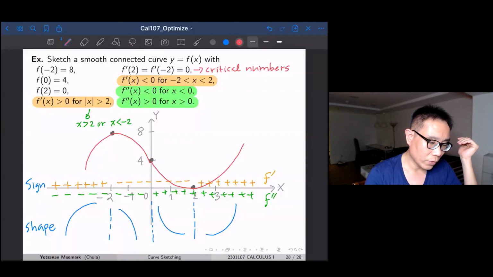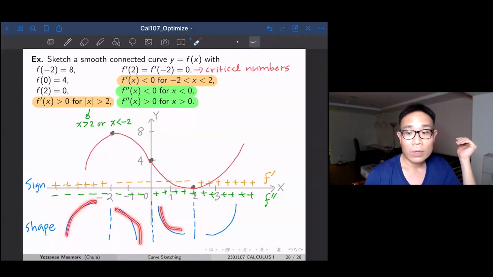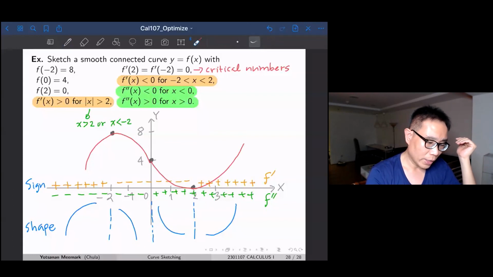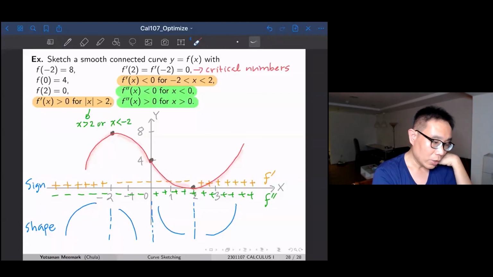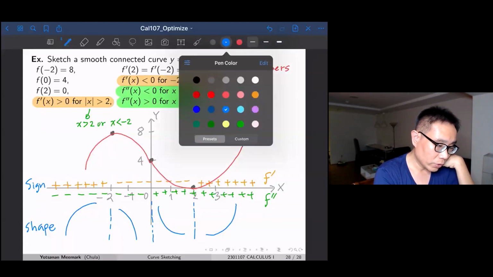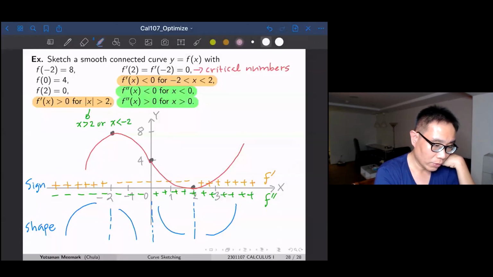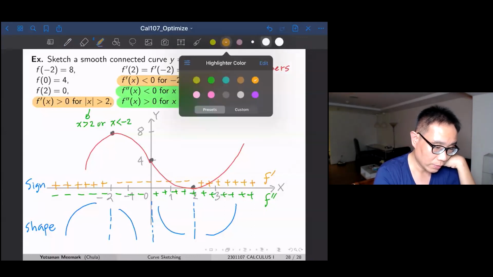So you see that you combine the shape in each interval together with the points that the graph is passing through. And you try to draw the horizontal tangent lines. Let me use this color.